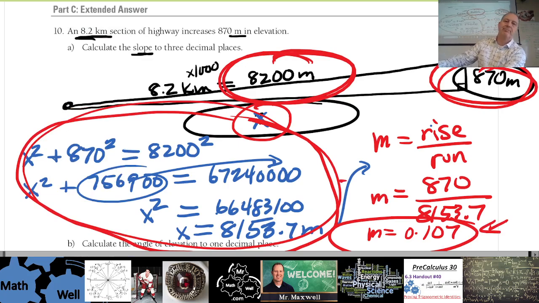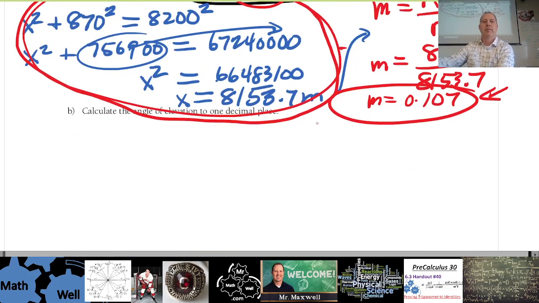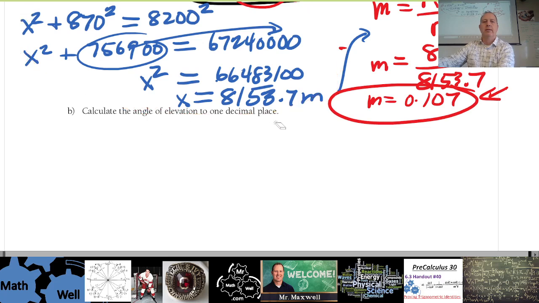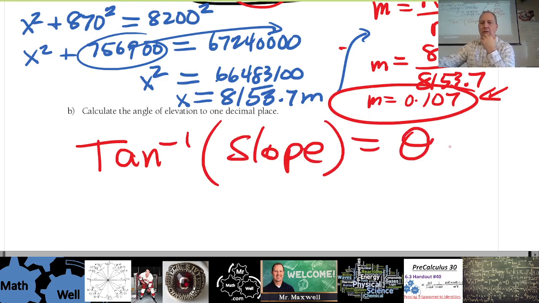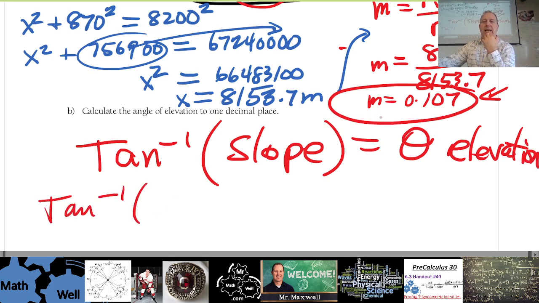Anyways. And for B, where we have to calculate the angle of elevation. So remember the slope. If you do tan to the -1 of the slope, that equals the angle of elevation, the theta, the angle. Since it is going to be a decimal, do we just take the rounded version?